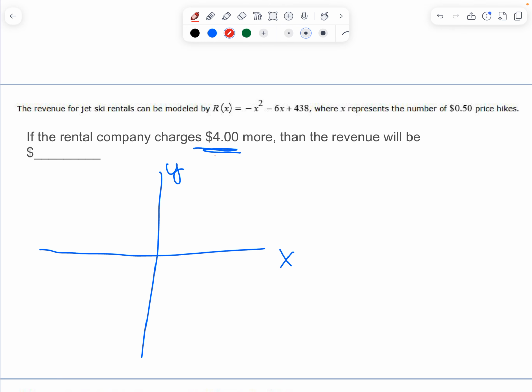So if they were going to increase, this would be increasing, and they go $4 more. Remember, X is the number of 50-cent price hikes, right? Yep, that's what they said here, price hikes.